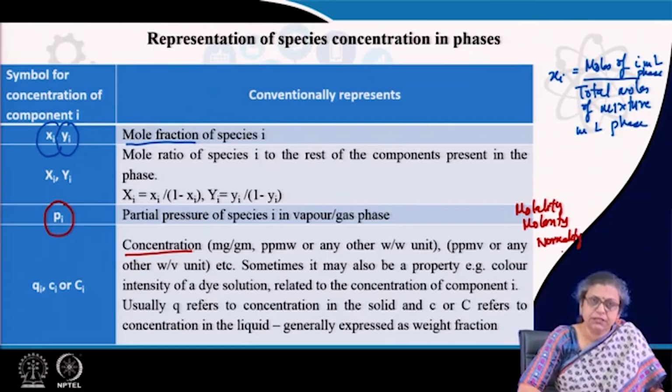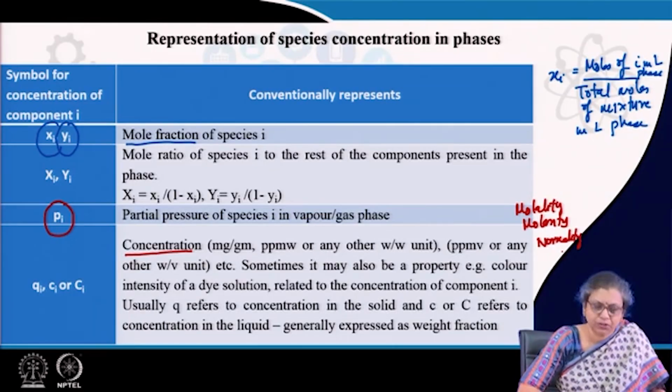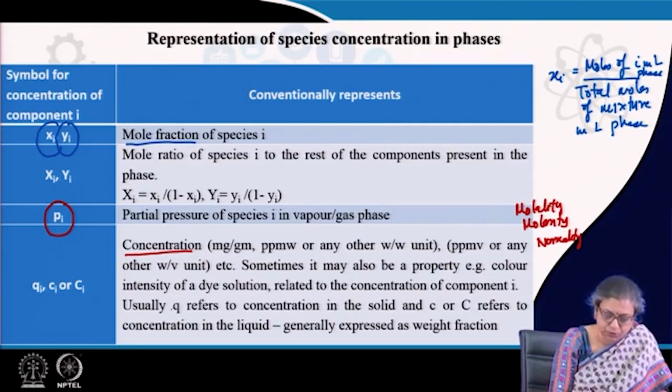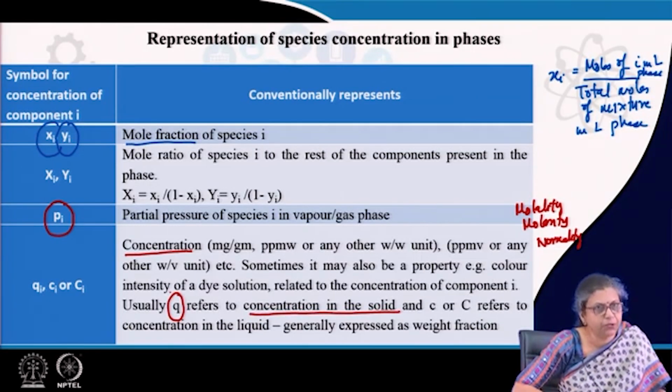And for the solid phase, by convention, at least for this particular course, we would like to refer to the concentration in the solid phase in terms of Q or in terms of Qi.